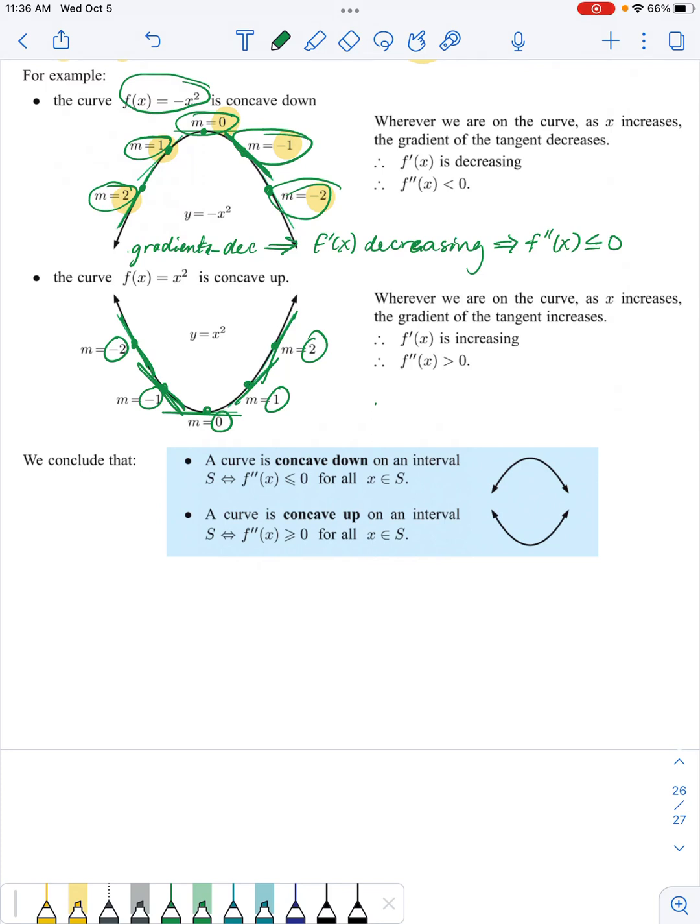So in this case, the gradient of the original curve is increasing, which means the first derivative is increasing. Those mean the same thing because the first derivative is the gradient function. And if the first derivative is increasing, then the second derivative must be positive.